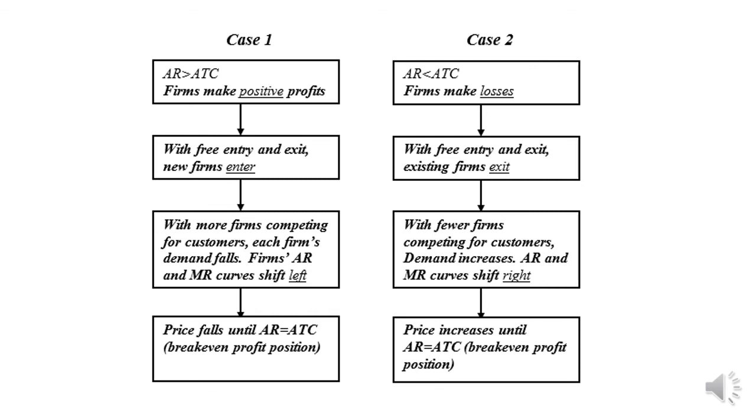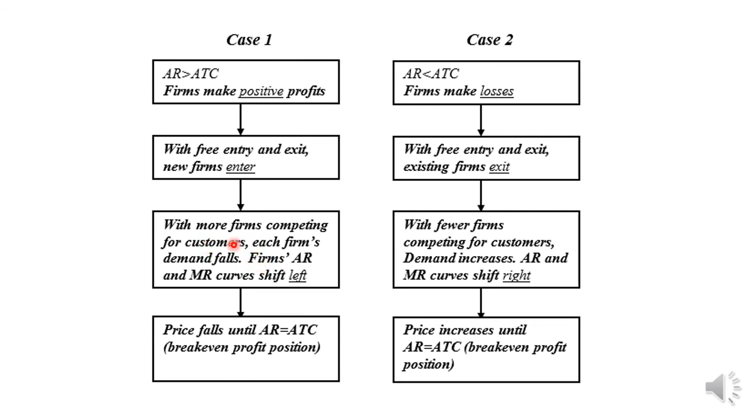Case one is when you make money. Firms make positive profits. We saw the diagram earlier, right? When you make money, new firms will be attracted to enter, because they are attracted by the profits that you are making here. Because there's free entry and exit, the firms are able to come in. When they come in, they add on to the supply.